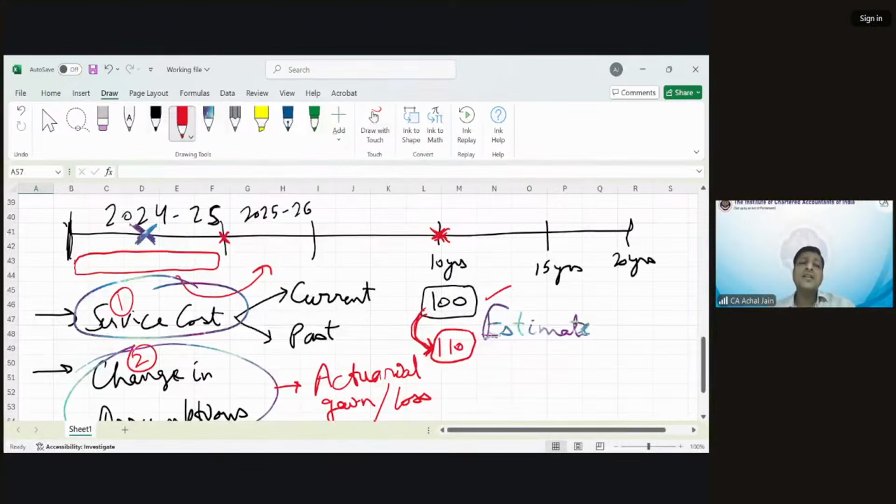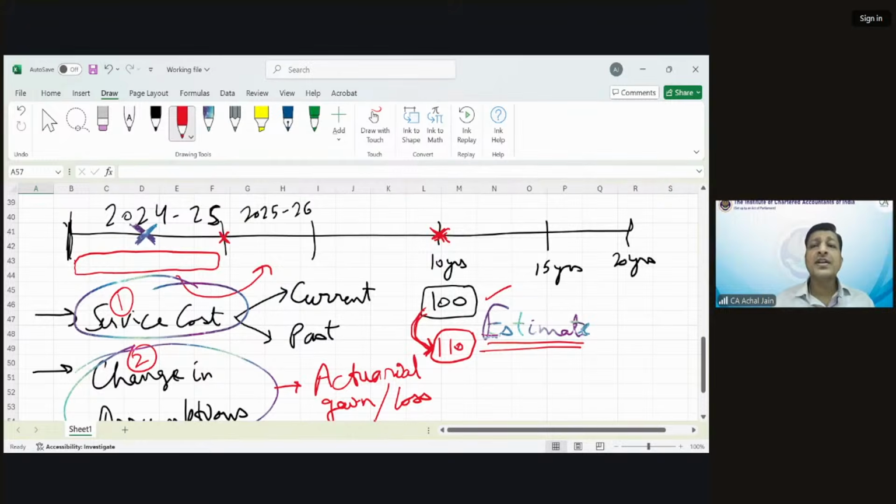So each year, therefore, when you estimate this liability, what will you have? Actuarial gain or loss, which is arising on the estimation. And what do you understand about actuarial gain or loss?